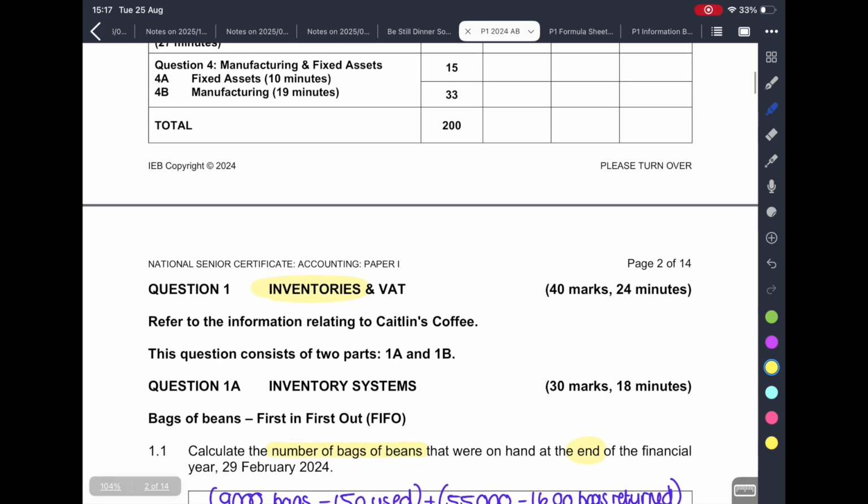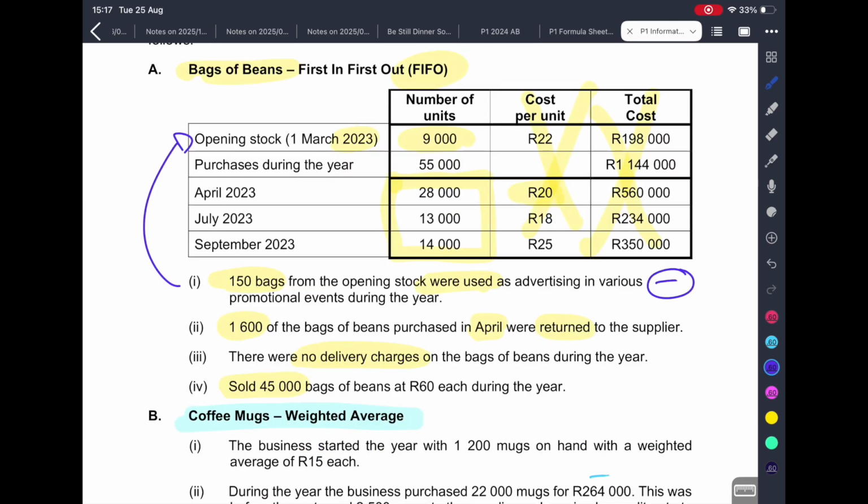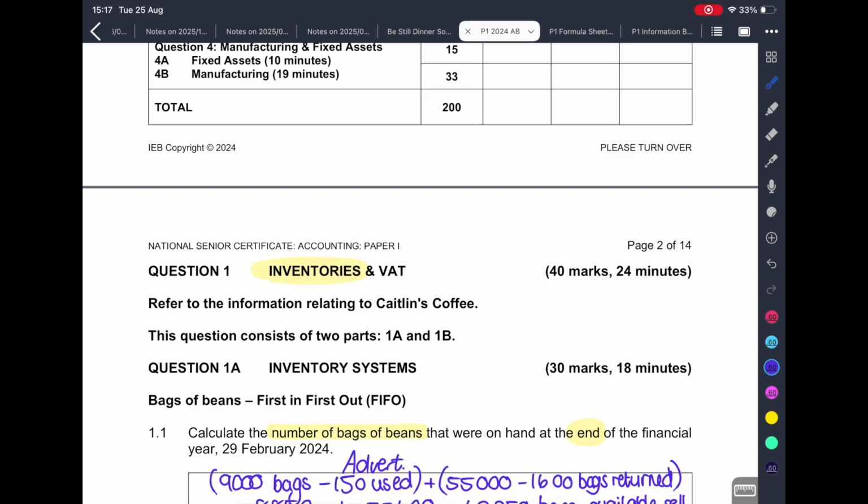So we started with our 9,000 bags in the beginning of the year, but 150 of them were used for advertising, remember, so I am removing them out of the equation. 55,000 was the total of my purchase. Remember that 55. But again, there was 1,600 that was returned, regardless if it's April or whatever. I'm using the big number, the 55.